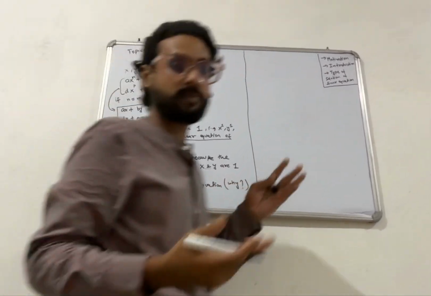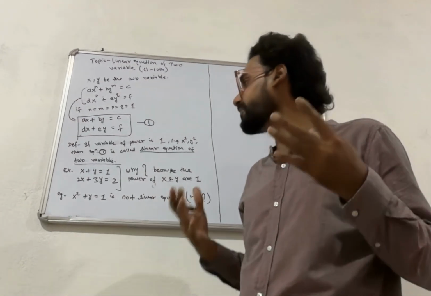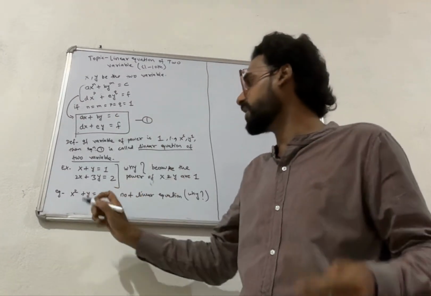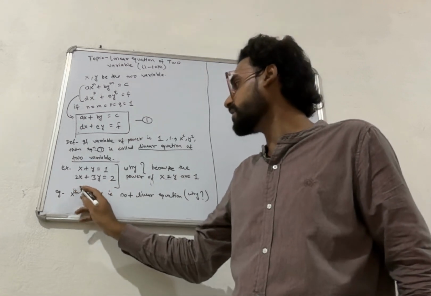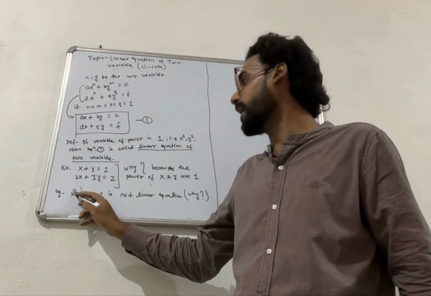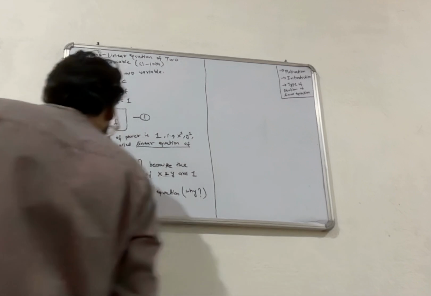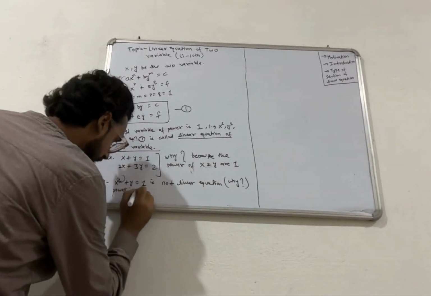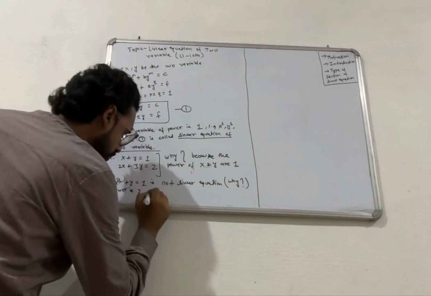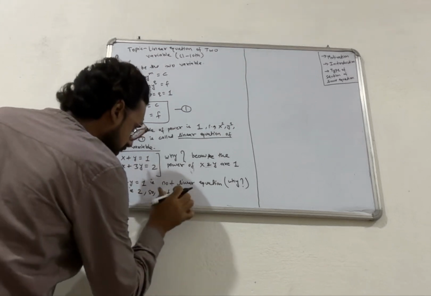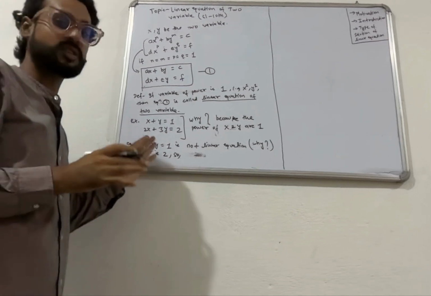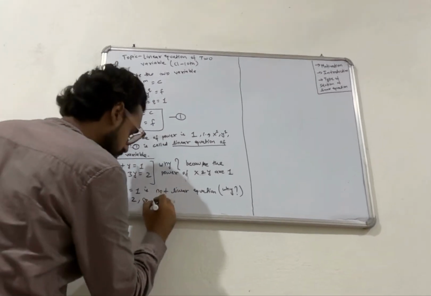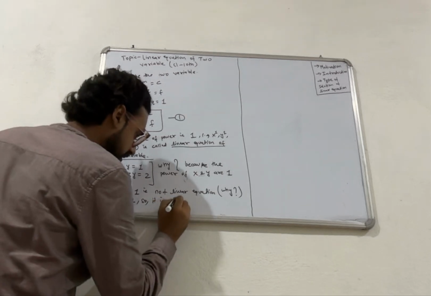I need the power of the variable to be 1, then we can call it a linear equation. But here x to the power is not 1, here the power is 2, so it is non-linear.